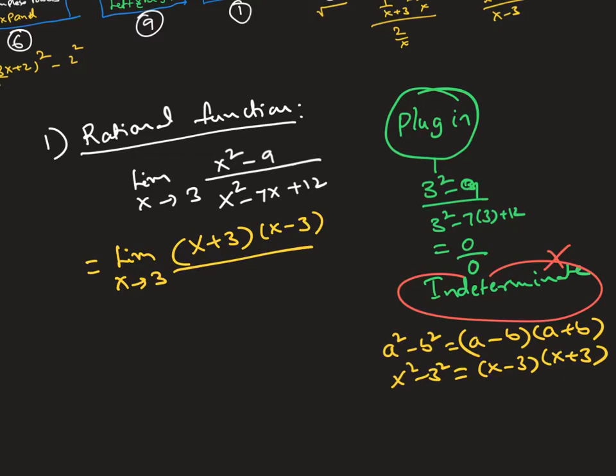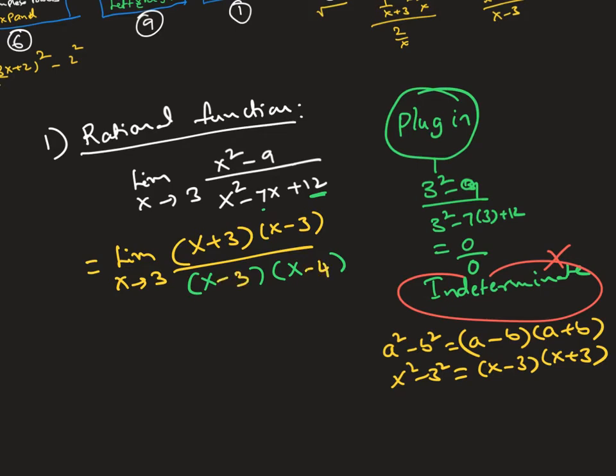In the bottom, regular factoring, you have to find two numbers that multiply to 12 and add to 7. So I take x and x. What two numbers multiply to 12 and give you 7?